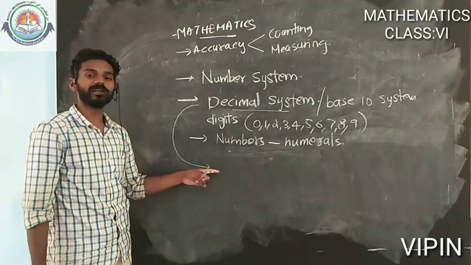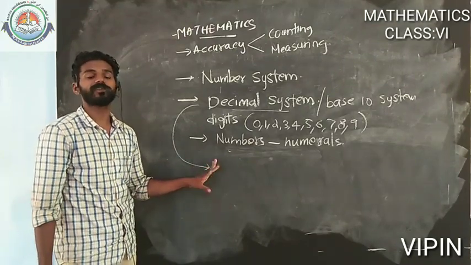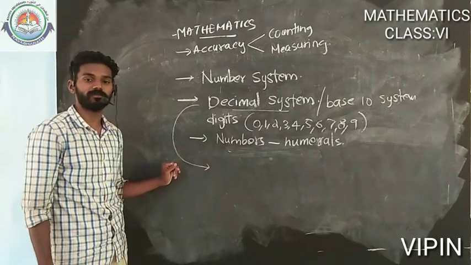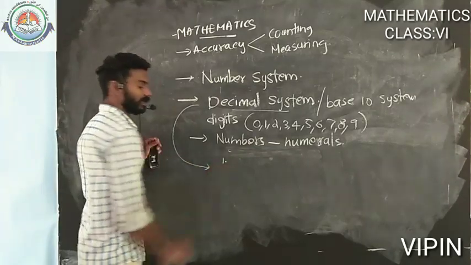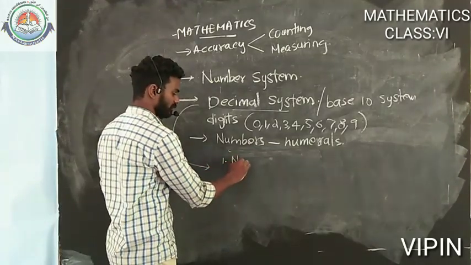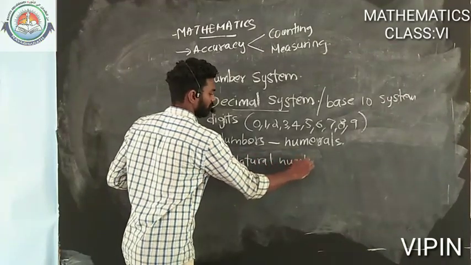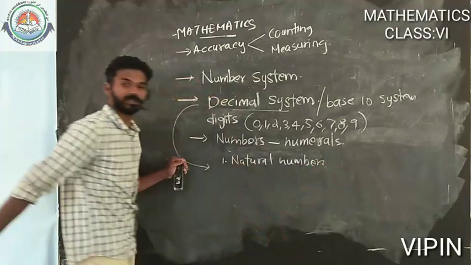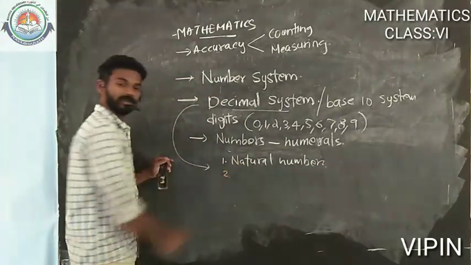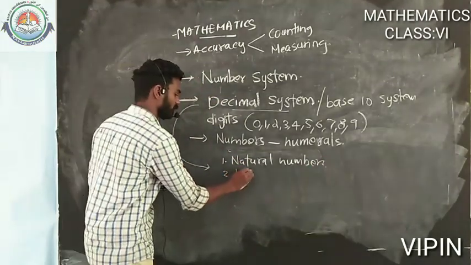And which are the different types of numbers in the decimal system? First, the natural numbers. The second one is the whole numbers.